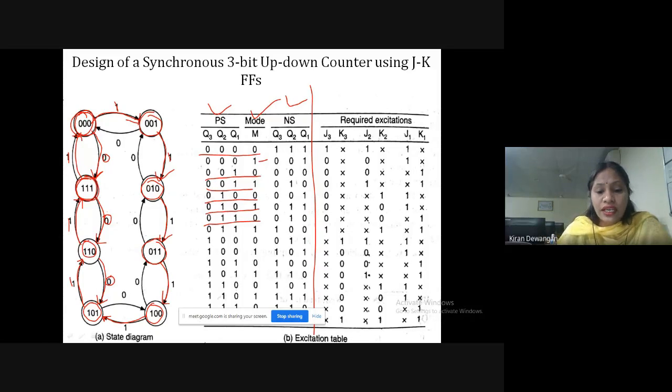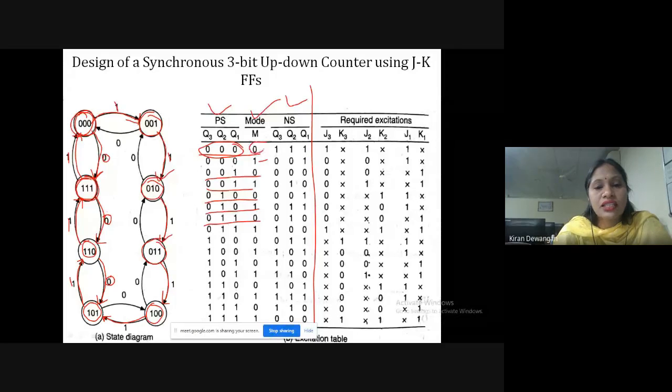Accordingly, we'll write all the combinations of the 4 bits. Okay? So from this combination, we'll write the next state. If the mode is 0, it will be in the reverse direction, down counting.